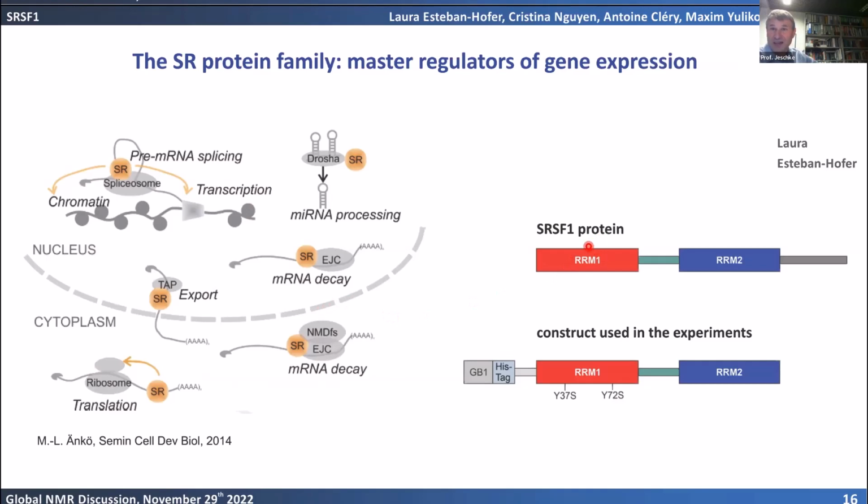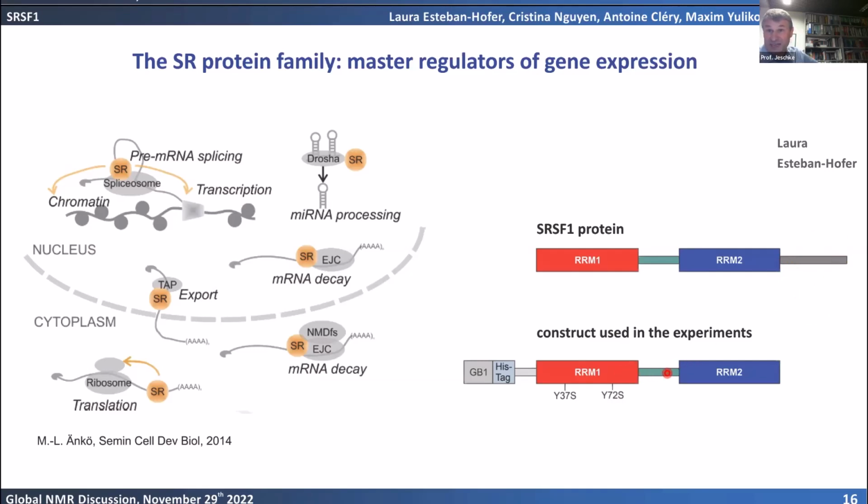Here's the basic structure. You have two RNA recognition motifs, which are rather promiscuous. So they recognize certain binding motifs, but many different RNAs have these binding motifs. Here's our construct. We actually cut off one of the disordered domains.